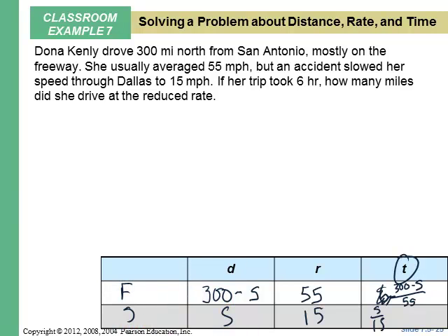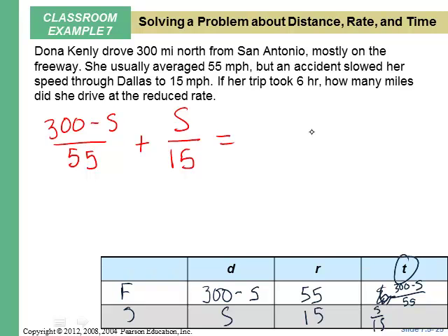Okay. 300 minus S over 55 plus S over 15 equals 6.